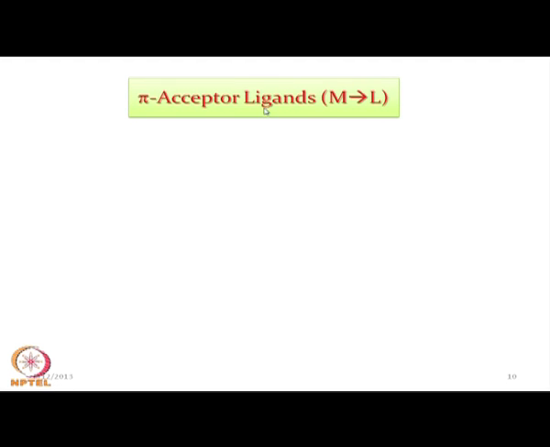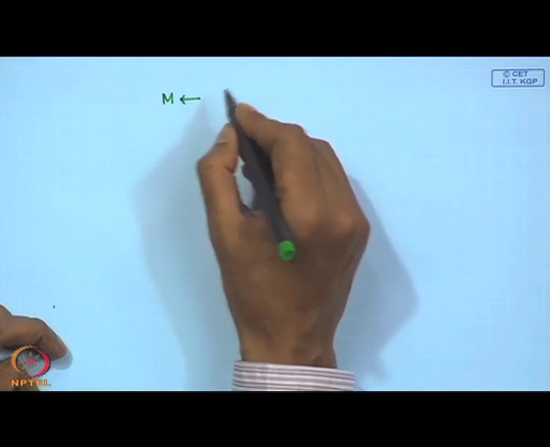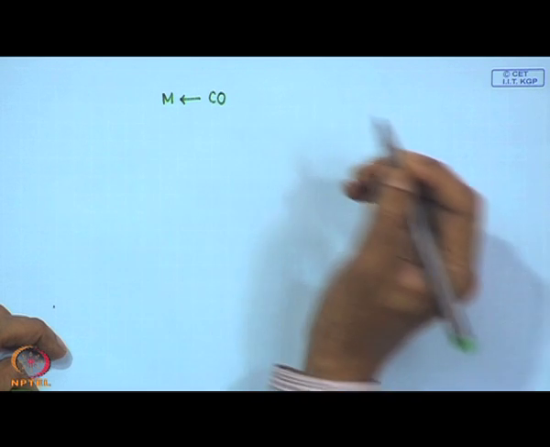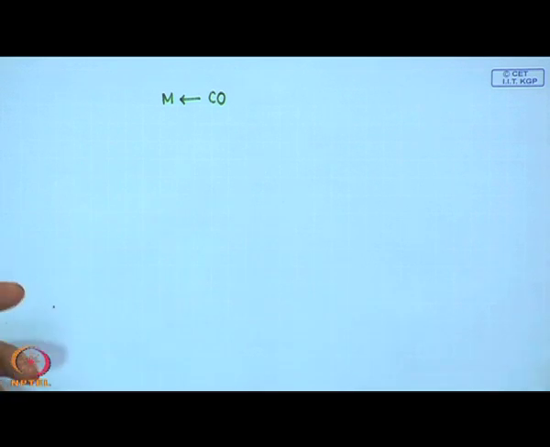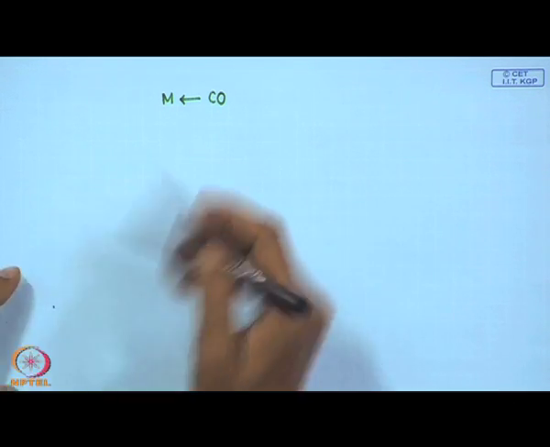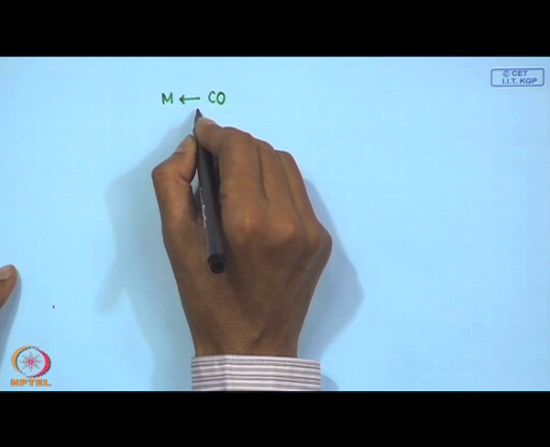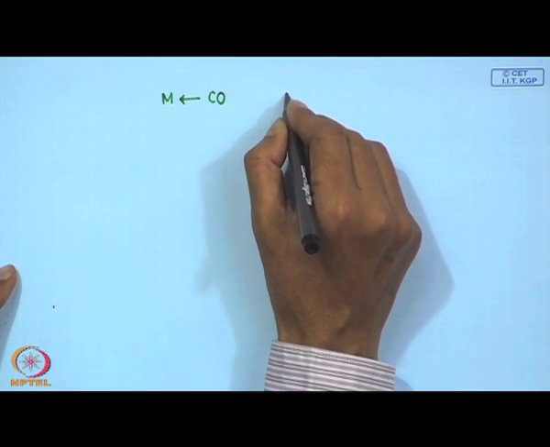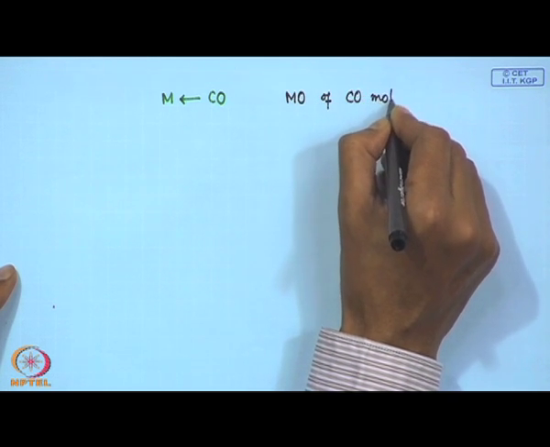So, in case of these pi acceptor ligands like our carbon monoxide molecule, what we will see is that this metal center is available and we have the carbon monoxide molecule, and electron density is coming from the carbon monoxide, this is the corresponding type of donation, and the corresponding orbital which is available depends upon the molecular orbital of the carbon monoxide molecule.